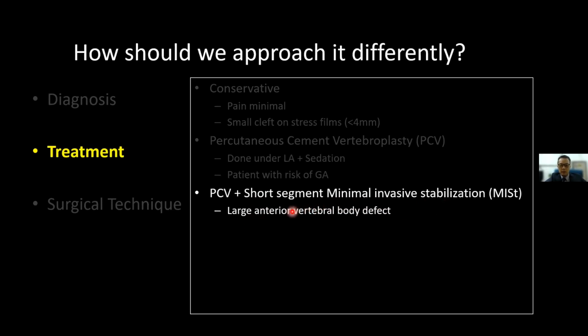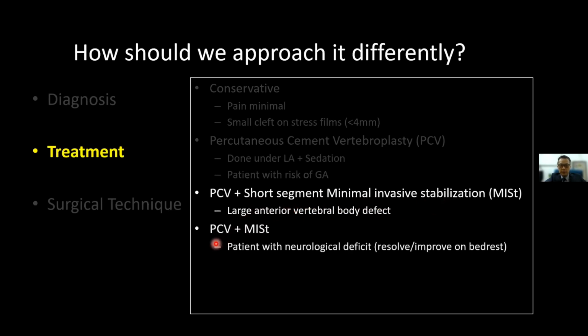We can insert the screws via a percutaneous method. If the patient has a neurological deficit, then the indication to stabilize this fracture is warranted, and we will perform a cement vertebroplasty with stabilization.